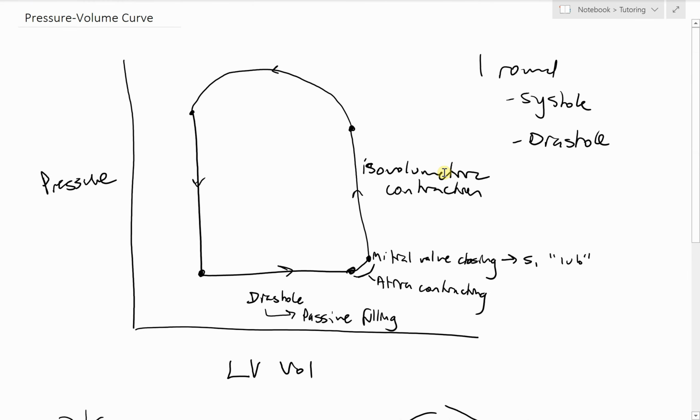In the isovolumetric contraction, it's currently squeezing, trying to build its pressure up to this point here. This point here is your aortic valve opening. And if you take this across, this is equal to your diastolic pressure.